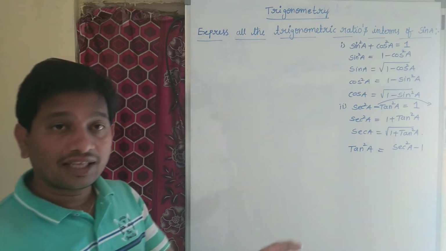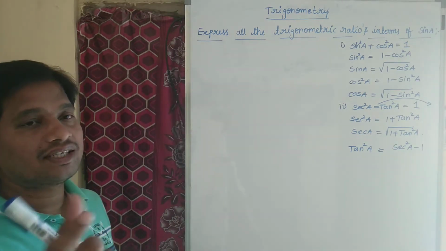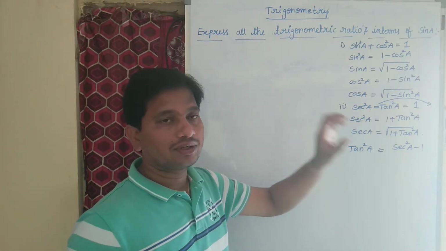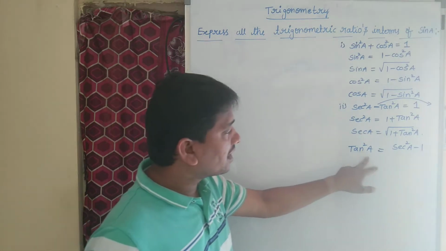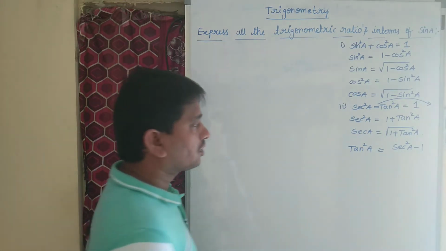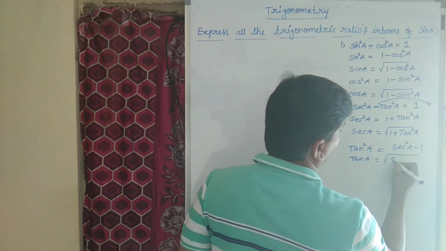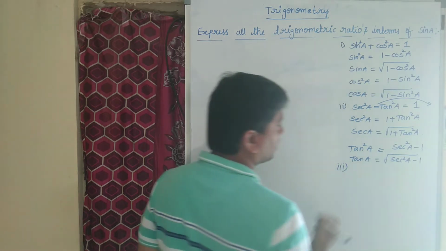Tan square A is nothing but sec square A minus 1, not 1 minus sec square A. That is the major mistake students generally make. They write tan square A as 1 minus sec square A, but that is wrong. So tan square A is nothing but sec square A minus 1. If you want tan A, under root sec square A minus 1. This is our second identity.